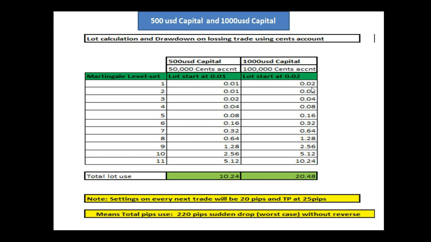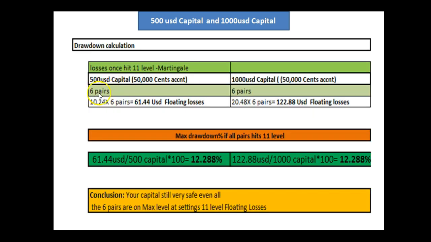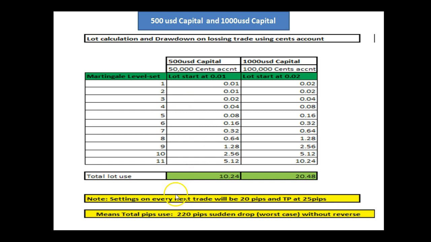The reason why you are on 500 but still using 0.01 lot on your cents account is because we are leveraging more pairs later on. So you can see over here it is equivalent to 6 pairs already. All right, it's the same thing.